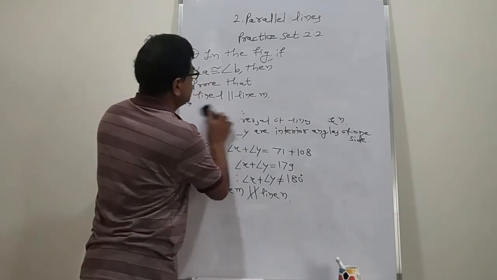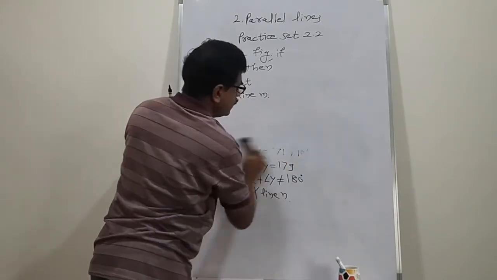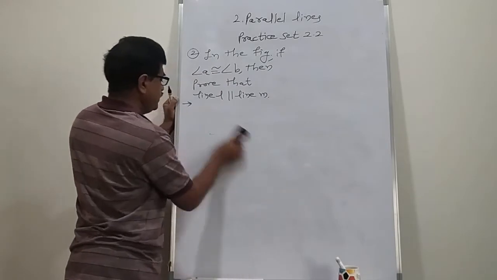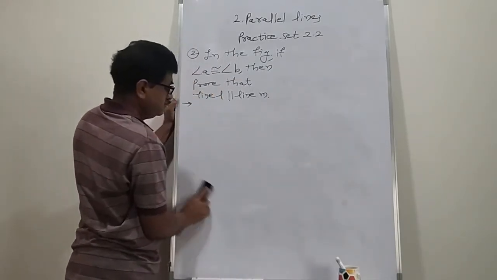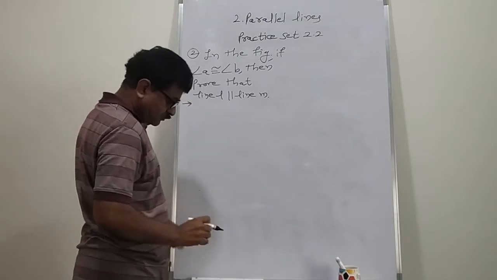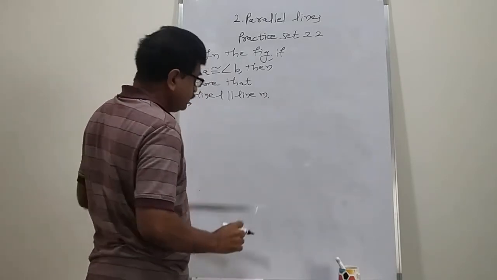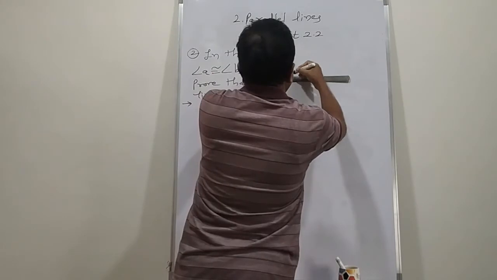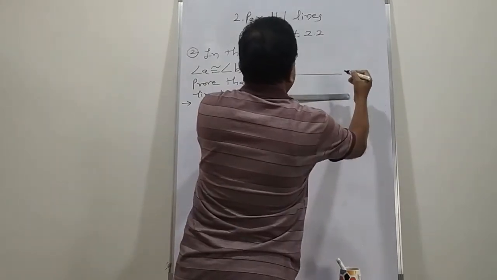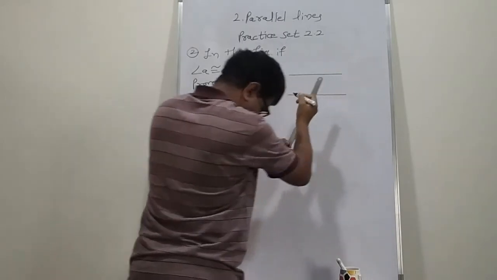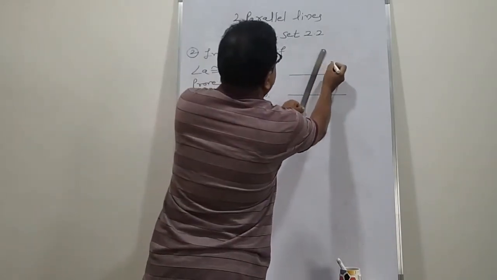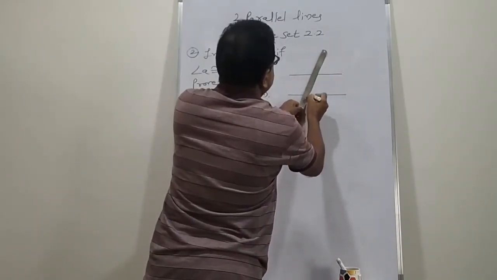Now for this, draw the figure. Draw two lines. This is its transversal.